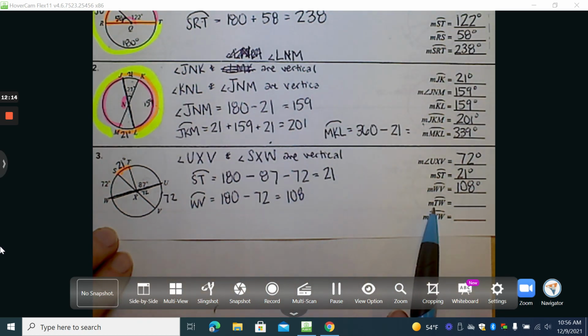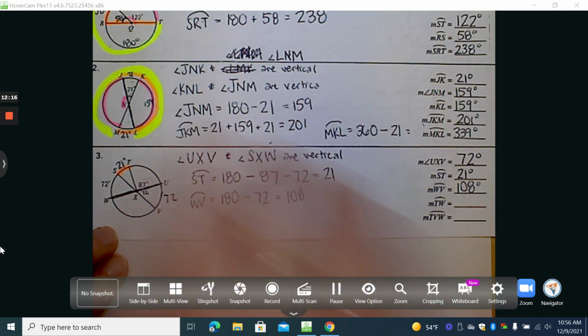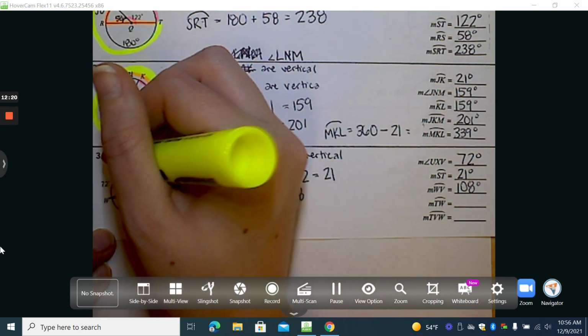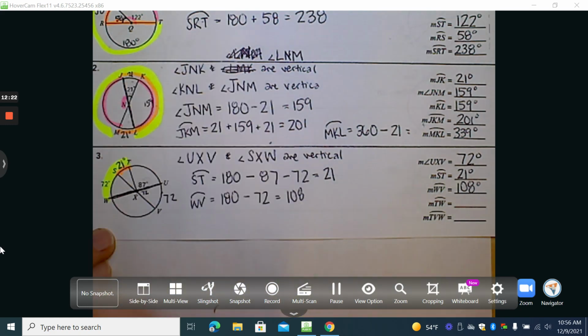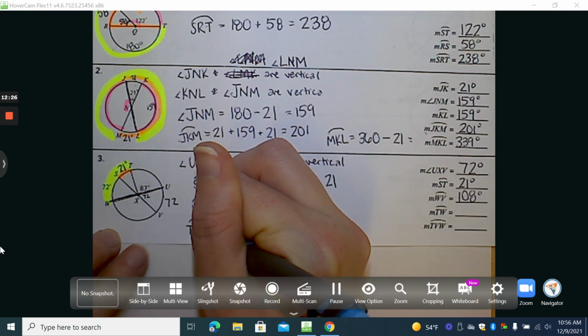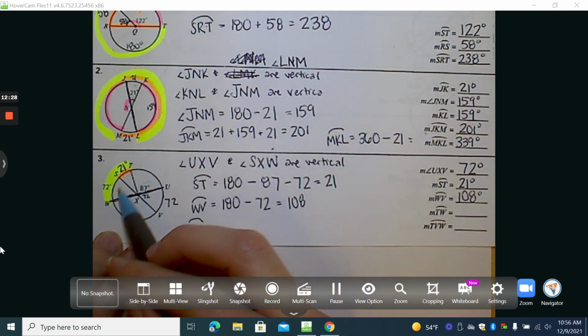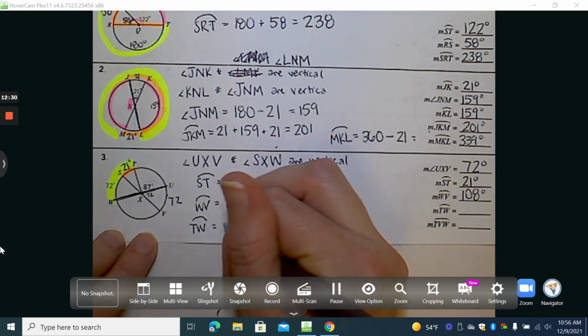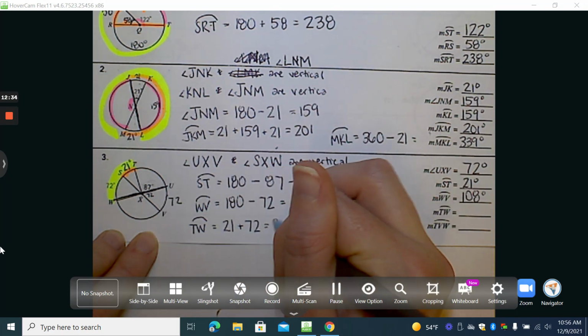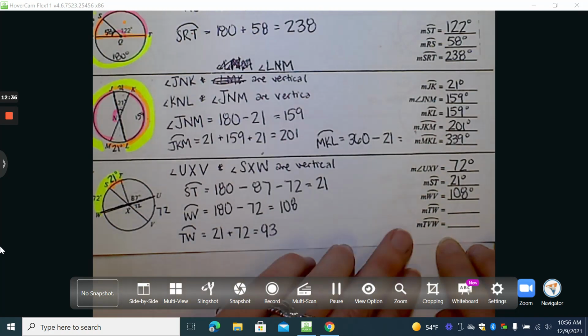My next one is TW. So that is T to W. That is just this section right here. So I'm going to add together those two arcs. 21 plus 72, which equals 93 degrees.